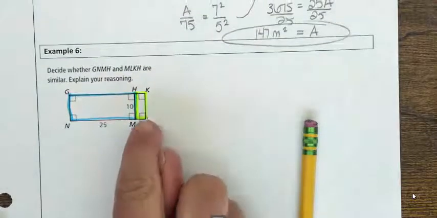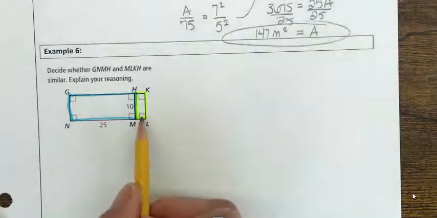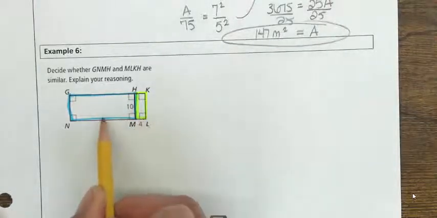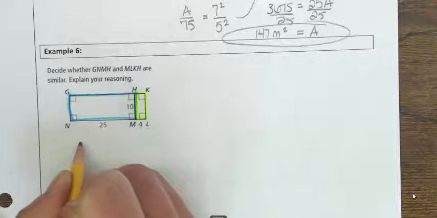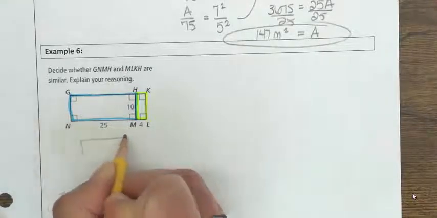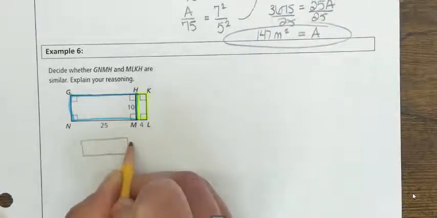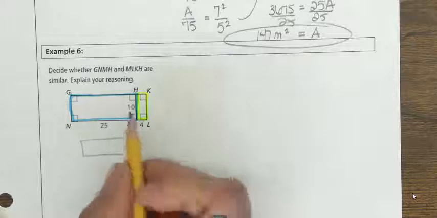Now, it might be helpful if I redraw this yellow one so that it's in the same orientation as this one, as the bigger one. So what I mean by that is maybe the longer side is horizontal and the shorter side is now vertical. Let's see here.